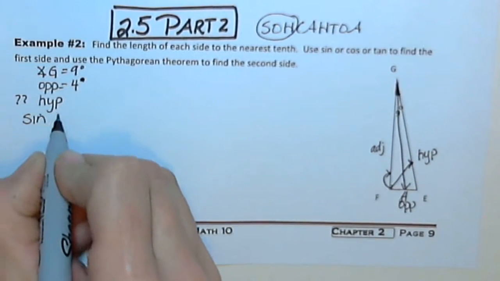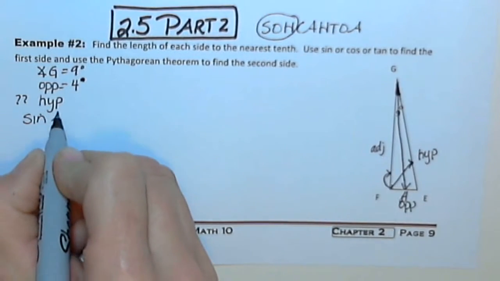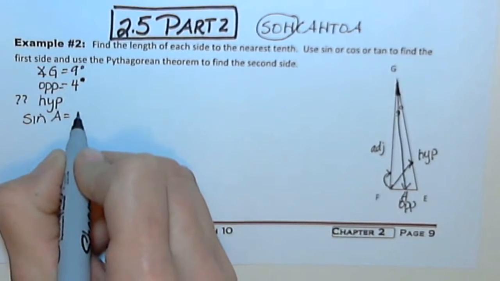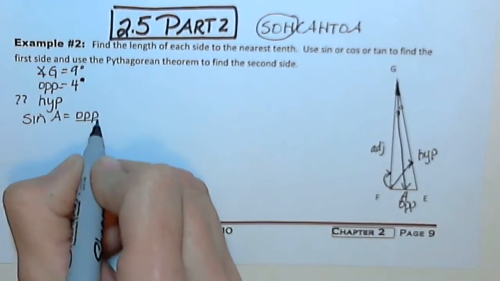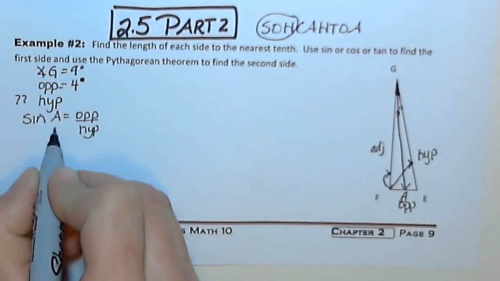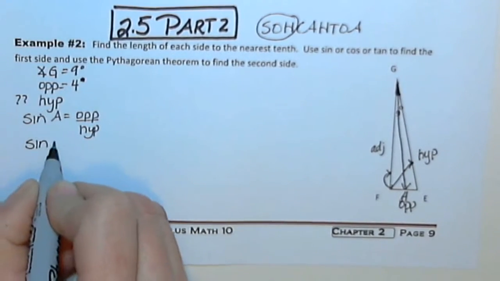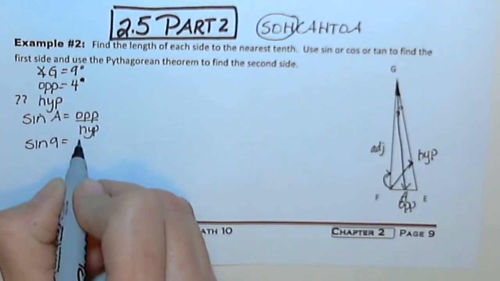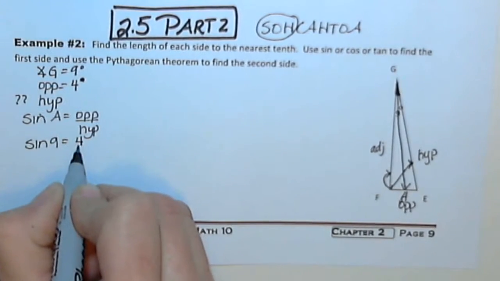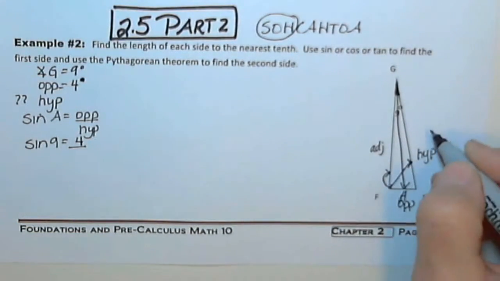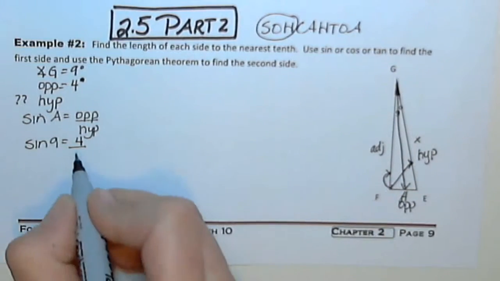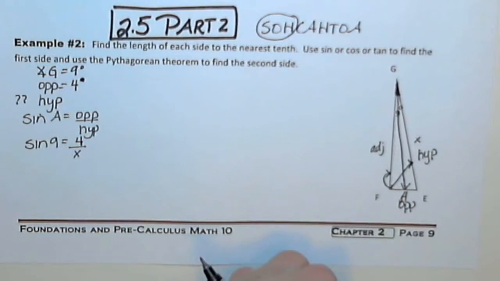So sine of angle G, or in our formula, sine of A is equal to opposite over hypotenuse. Angle A in this case is angle G, which is 9 degrees. The sine of 9 is equal to 4 over, and I don't know the hypotenuse, so let's just call it x to keep things simple.